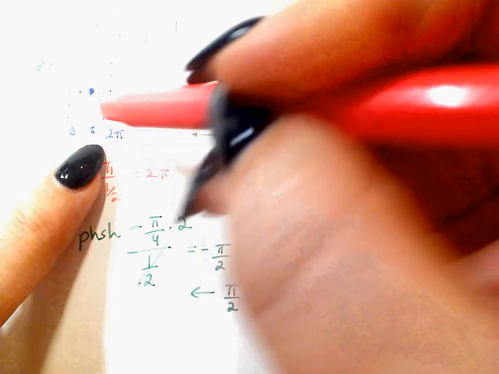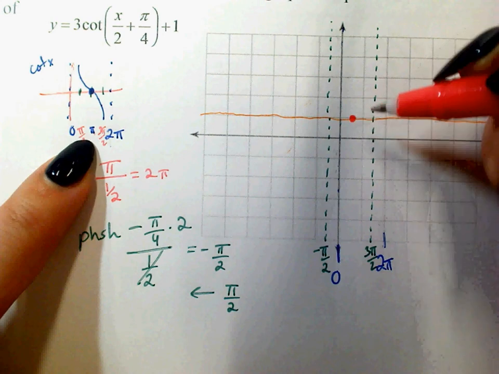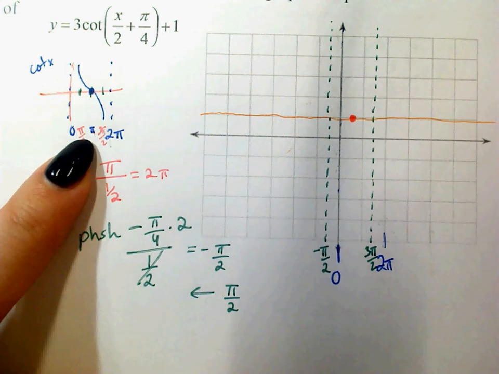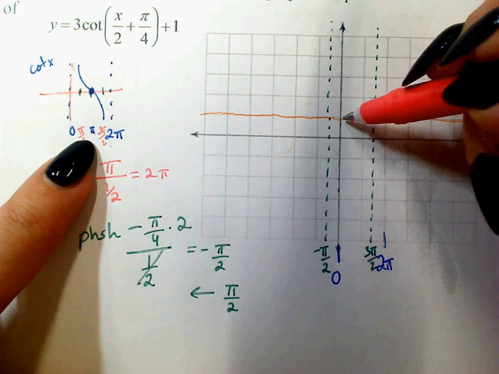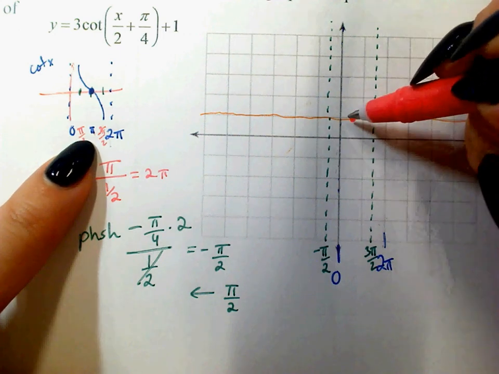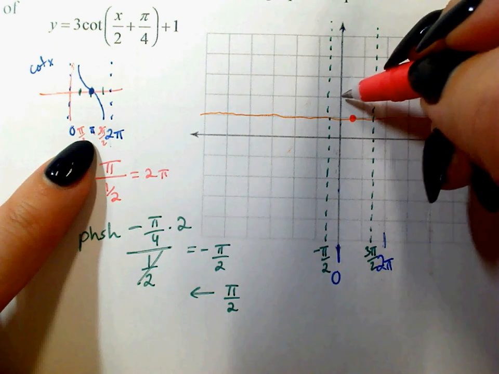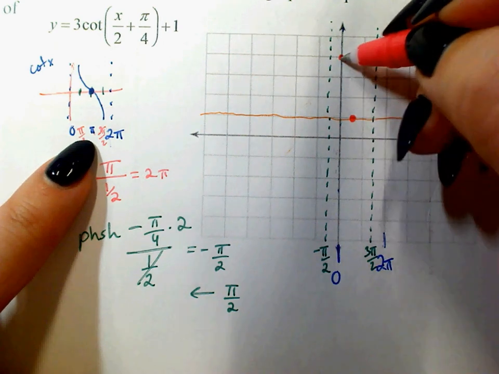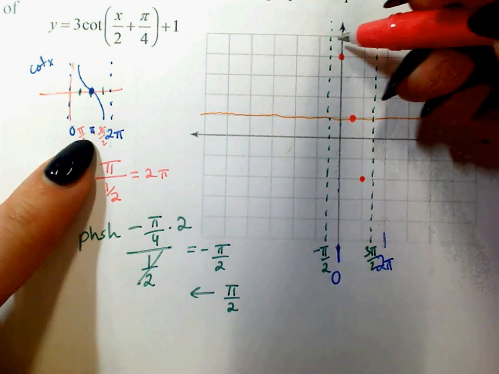And then I need to go left and up or left and down? Left and up, how much? 1, 2, 3. Right, 1, 2, 3. And there we go. That was kind of hard to draw. Yeah, especially if you want to make this really thin.